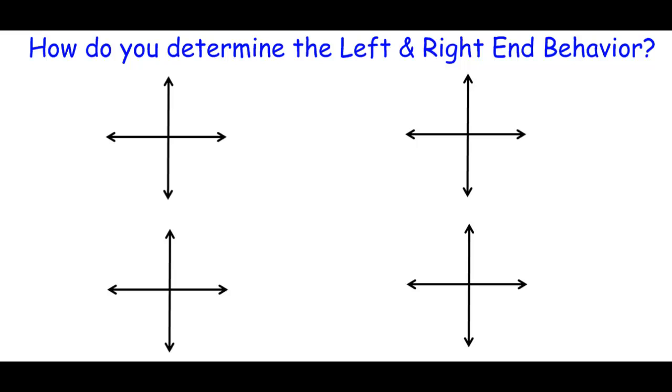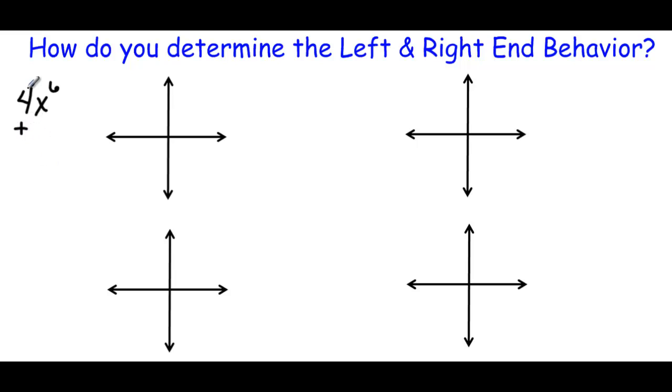The next thing we're going to talk about is the left and right end behavior. What that means is, what does the left side of our graph, our left arrow that goes on forever, do, and what does our right one do? It all has to do with our lead term. I'm going to give you a couple examples. If our lead term is, say, 4x to the 6th power, this is positive.